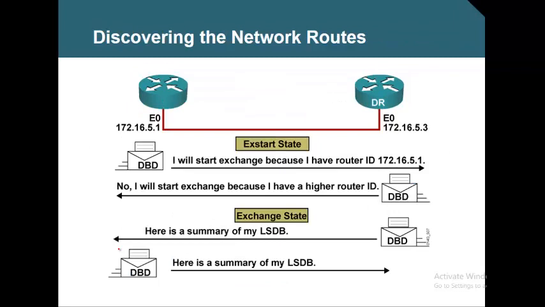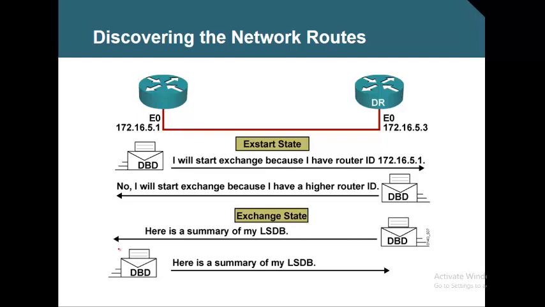Next, they both need to now decide who will initiate the exchange. Who will initiate the exchange? They compare their router ID. From the hello packet, they know the other router's router ID. They compare the router ID.